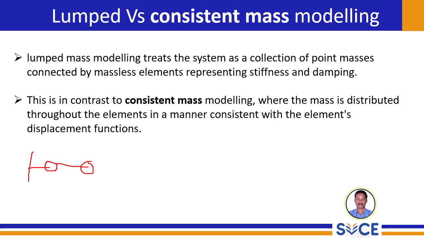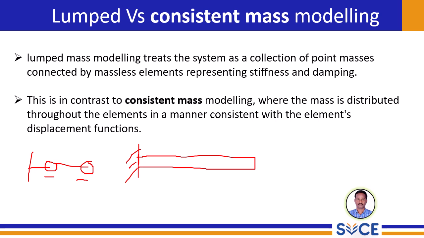Consider another approach called consistent mass modeling, which is a different way of representing mass distribution. Instead of concentrating mass at nodes, it distributes the mass throughout the elements of a system in a manner that the consistent mass matrix is consistent with the element displacement functions, that is, the shape functions.